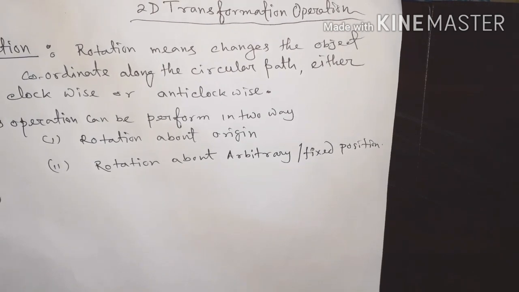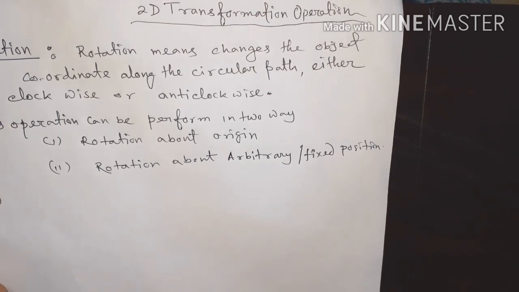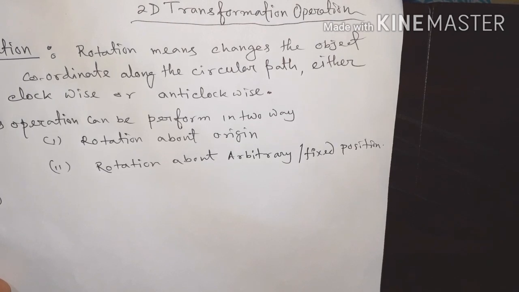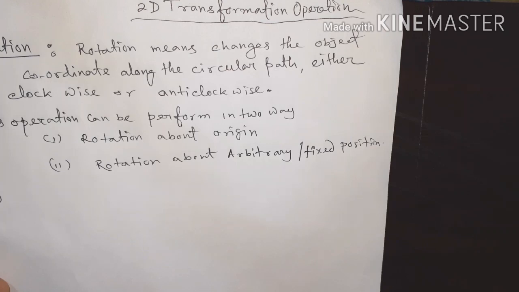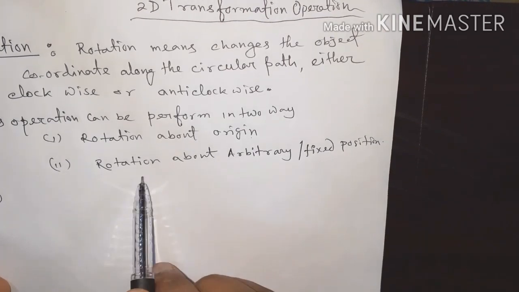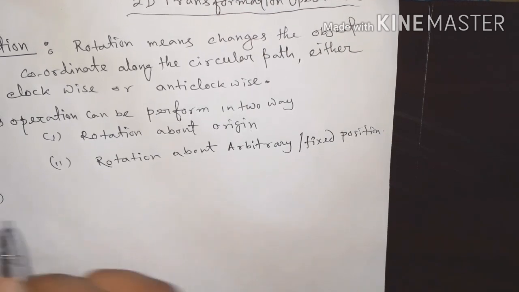Rotation means changing the object orientation or object coordinates along a circular path, either clockwise or anti-clockwise. This rotation operation can be performed in two ways: rotation about an origin and rotation about an arbitrary point or fixed point.